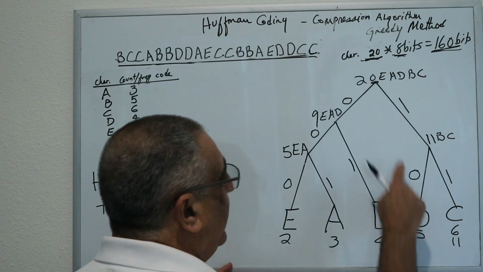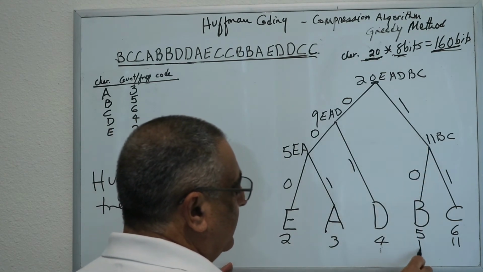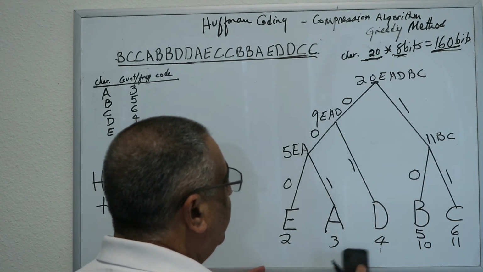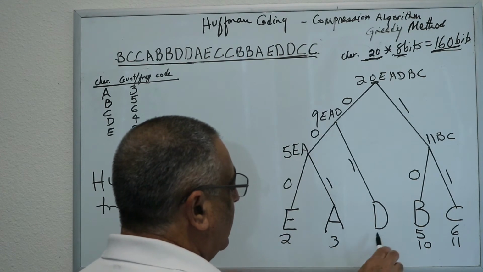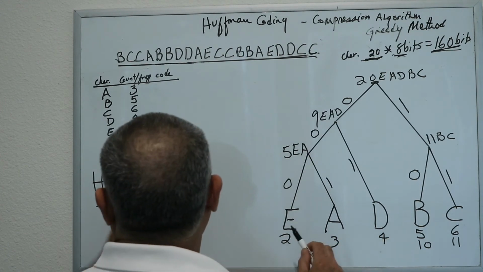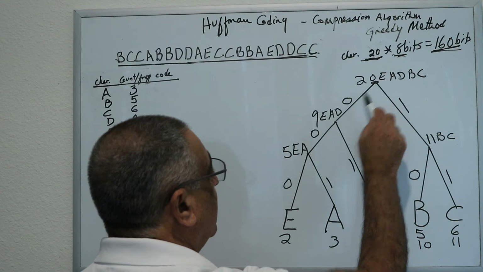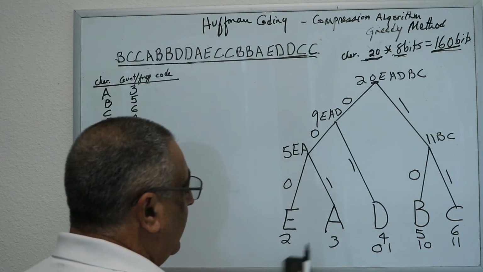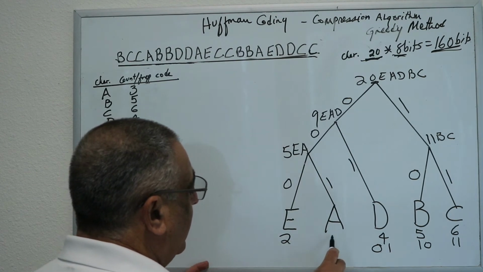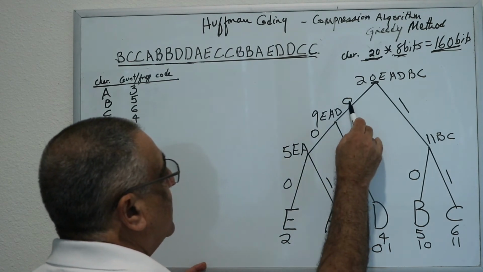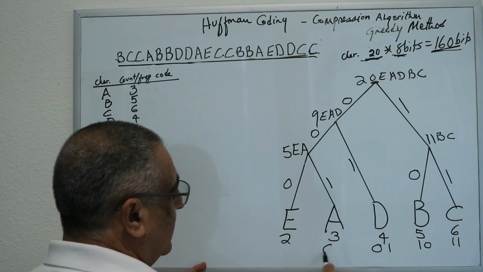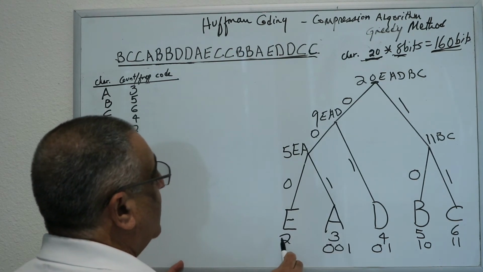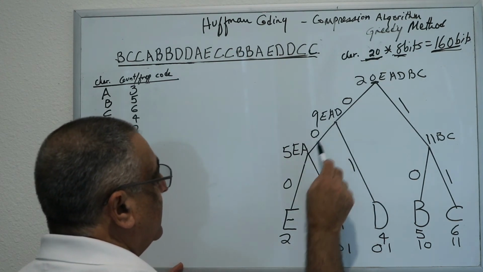As for B, it's going to be 1, 0. As for D, which has 4 D's, it's going to be 0, 1. They're 2 bits. As for A, there are 3 A's, it's going to be 0, 0, 1. As for E, 0, 0, 0.